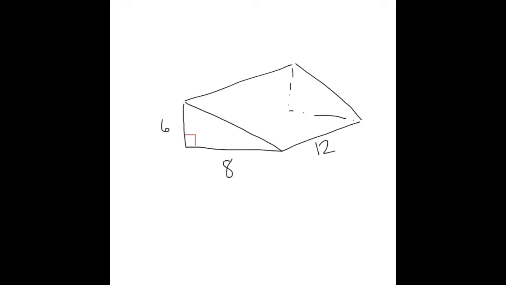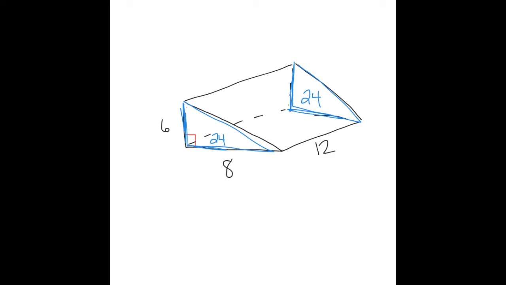So if you think about finding the total surface area, remember that the surface area is just the sum of all the faces. That's how you learned that. 6 times 8 is 48, divided by 2, 24. So this face right here has an area of 24. And that means that this face right here also has an area of 24.